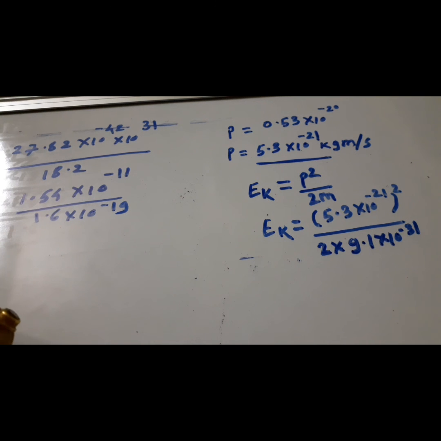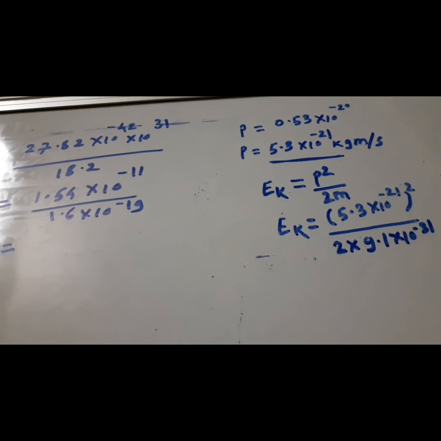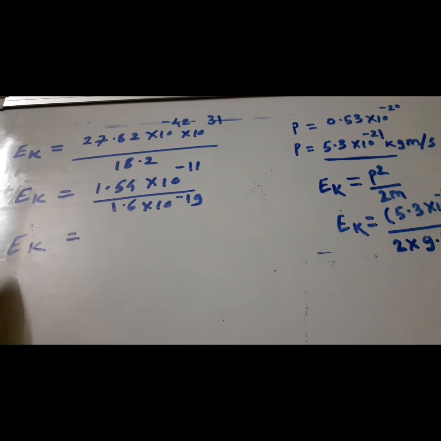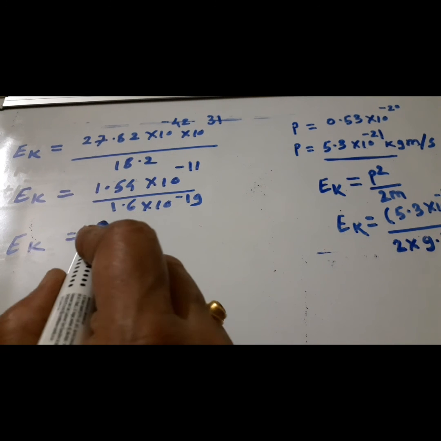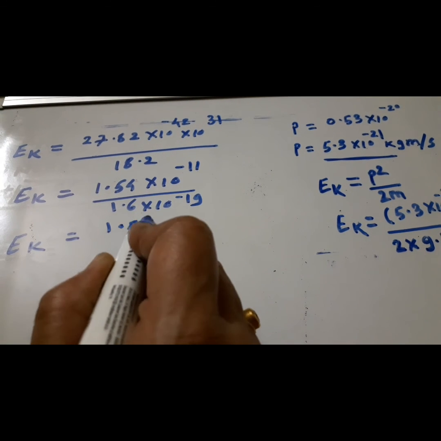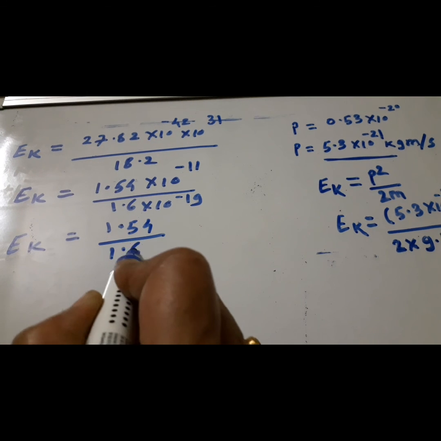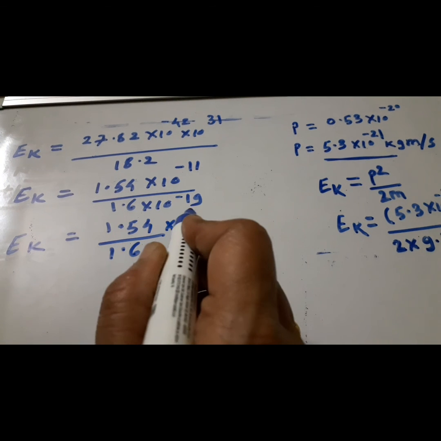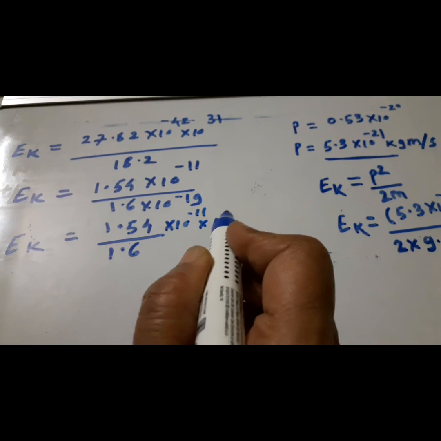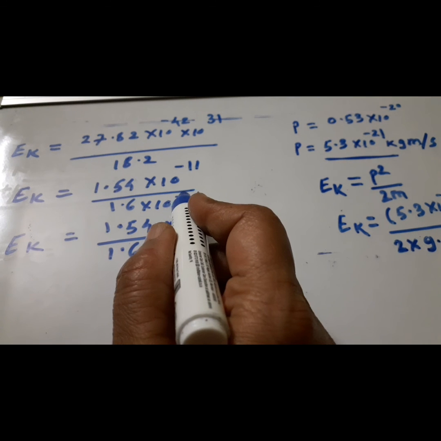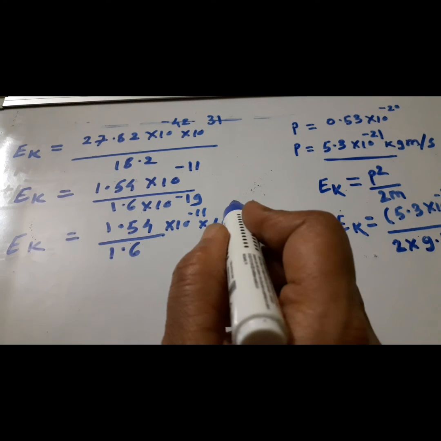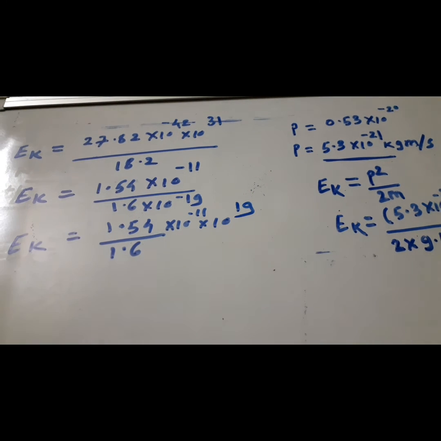Then Ek is equal to 1.54 divided by 1.6 into 10 to the power minus 11 into 10 to the power plus 19, because the minus 19 goes to the upper side and becomes plus 19.